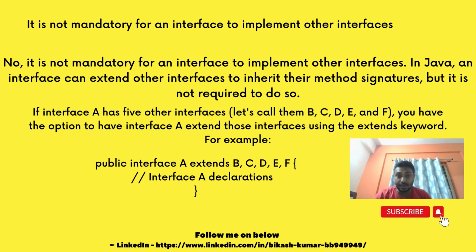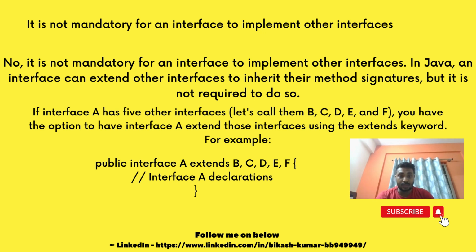Moving on to our next question: is it mandatory for an interface to implement other interfaces? Basically, it's not mandatory for an interface to implement other interfaces. It can extend them as well. Suppose we have five interfaces. A Java interface can extend other interfaces to inherit the method signatures, but it is not required to do so.